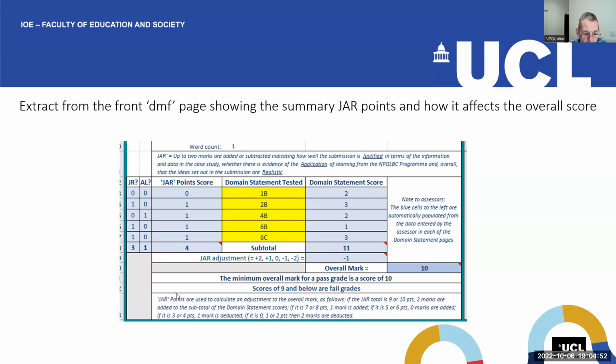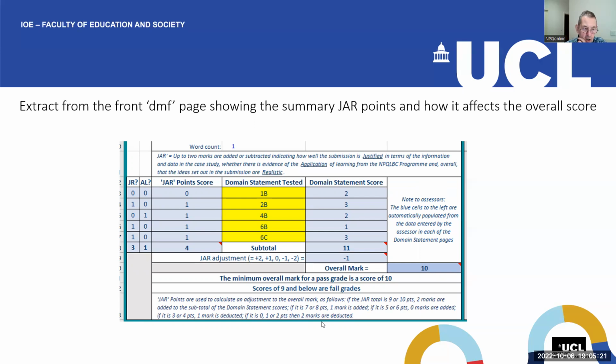If you then look at the bottom here, the description of the JAR points themselves says if the JAR total is 9 or 10 points, then we add 2. If it's 7 or 8, we add 1. If it's 5 or 6, then the correction is 0. In this case, the JAR points total was 4.